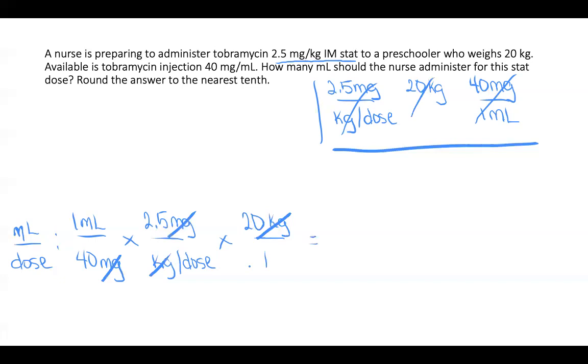So 1 times 2.5 times 20 is 50. 40 times 1 is 40. 50 divided by 40 is 1.25. And the problem asked us to round to the nearest tenth. So we're going to round that 1.25 to 1.3. And our units of measure, milliliters per dose.